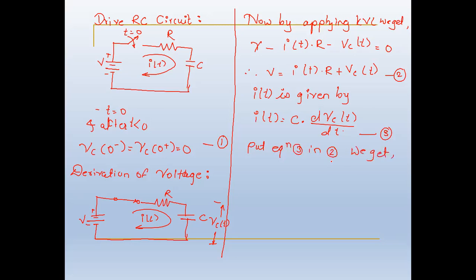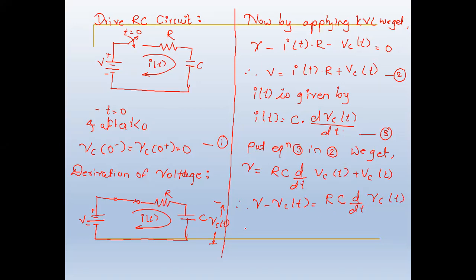We get V is equal to RC into d by dt of Vc of t plus Vc of t. Identifying the terms separately, this can be written as V minus Vc of t is equal to RC dVc of t by dt.